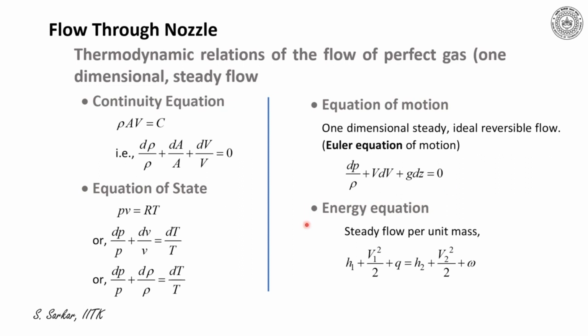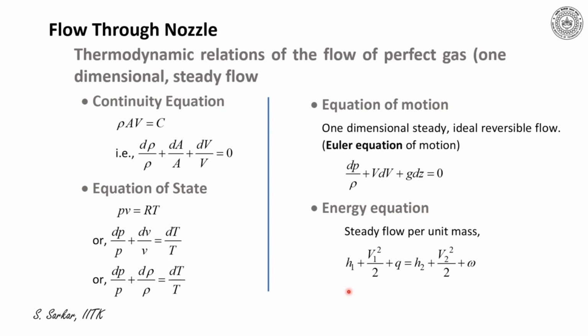Similarly, the energy equation for steady flow per unit mass between the two state points 1 and 2 can be given as h1 plus V1 squared by 2 plus q is equal to h2 plus V2 squared by 2 plus w.